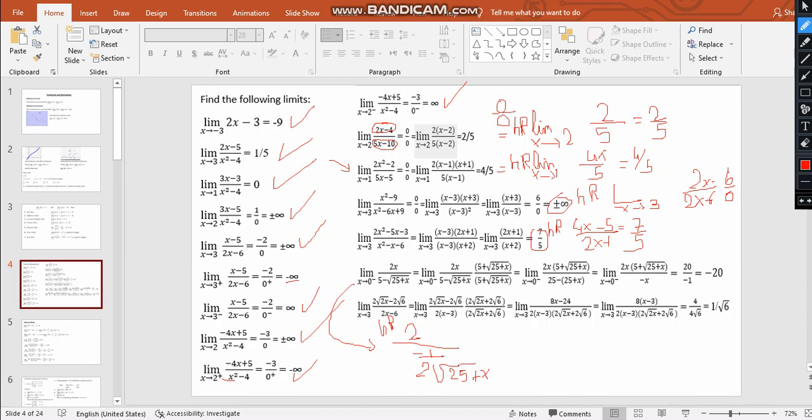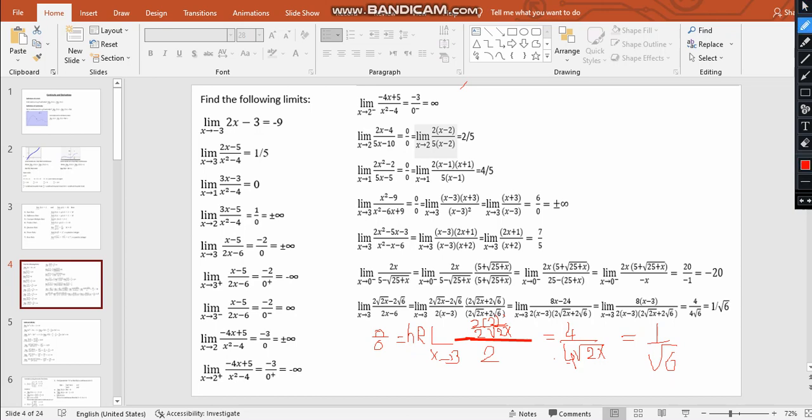So the answer will be 2 over minus 1 over 2 radical 25 plus x, which is minus 4 square root 25 plus x. Replace x by 0, you're going to get minus 20, the same one as you have here.